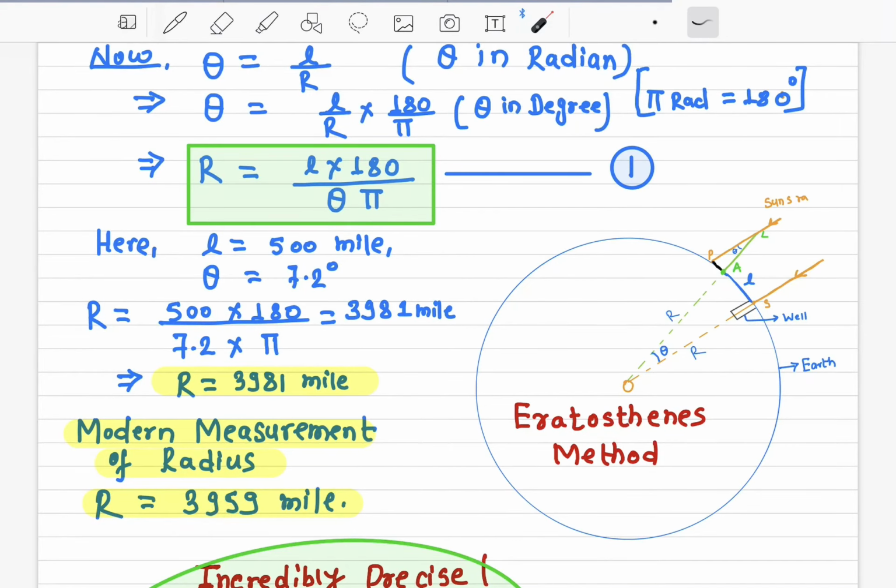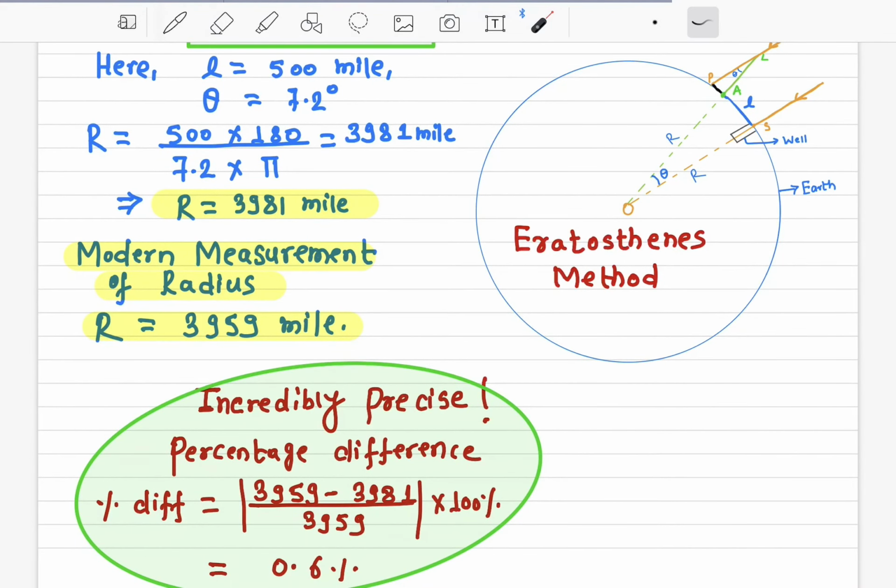This is the average radius of the Earth. If we calculate the percentage error compared to this value, it is 0.6%. 2000 years ago, just by using a pole and a hole, he calculated the Earth's radius, and the percentage difference is only 0.6%.